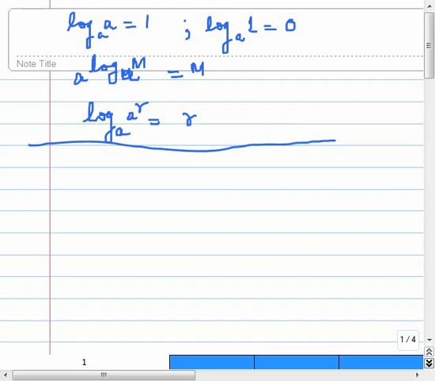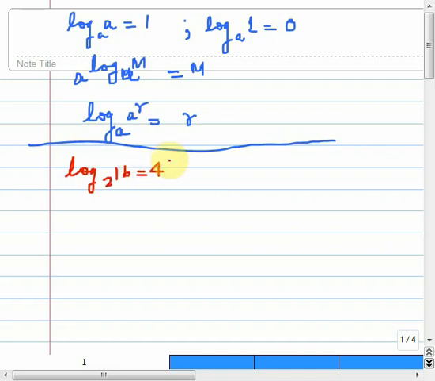Before defining other properties of logarithmic functions, we will take up examples based on what we have learned so far. The first question is, find the exponential equivalent of logarithmic functions. That is, it is given that log 16 to the base 2 is equal to 4.